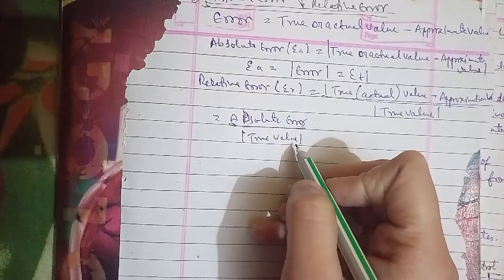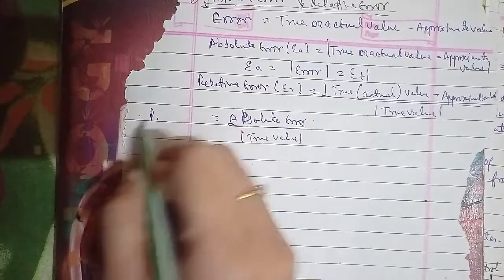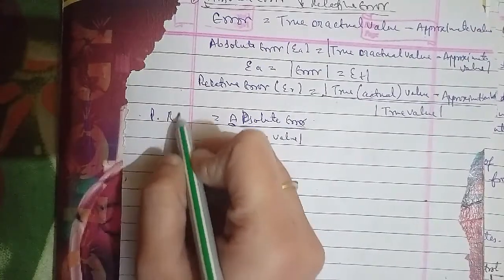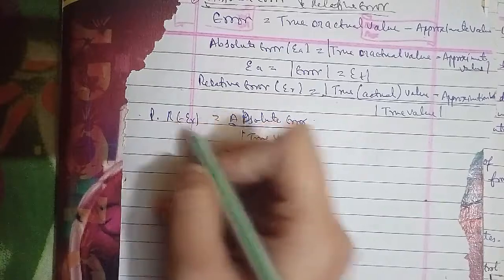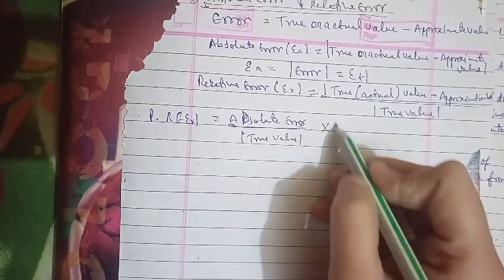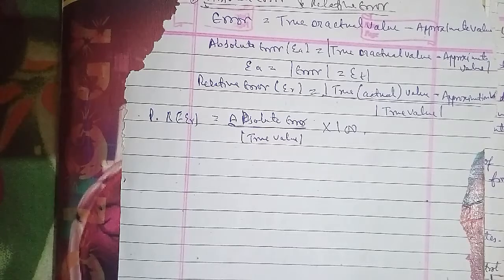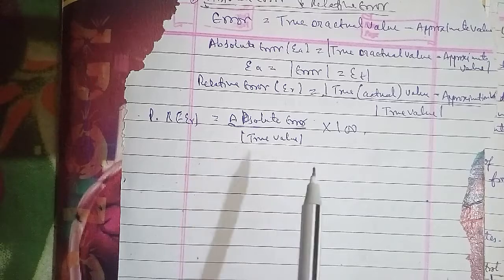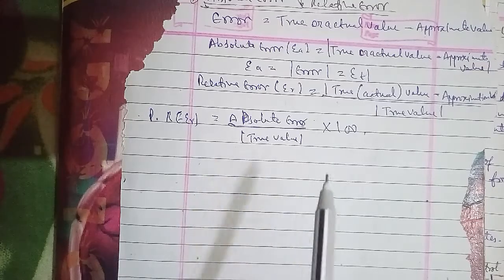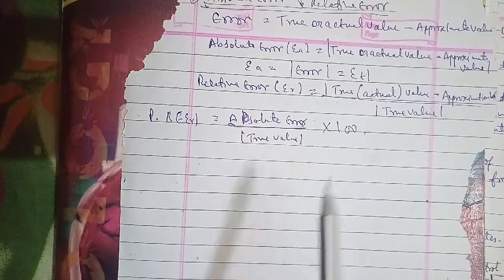So calculate error when true value is not known. जब true value आपको नहीं पता है, then you will use the formula relative error equals to approximation error upon approximation value.